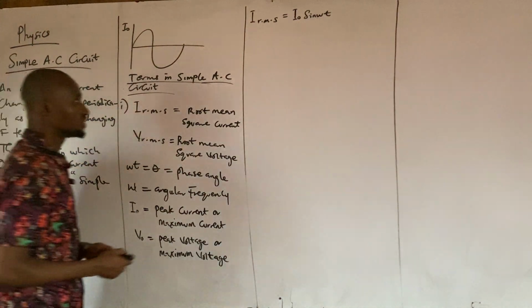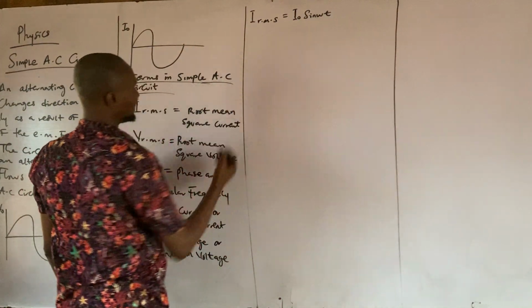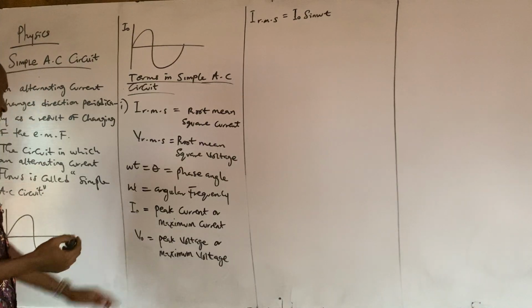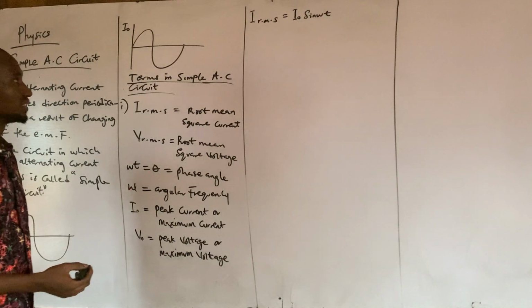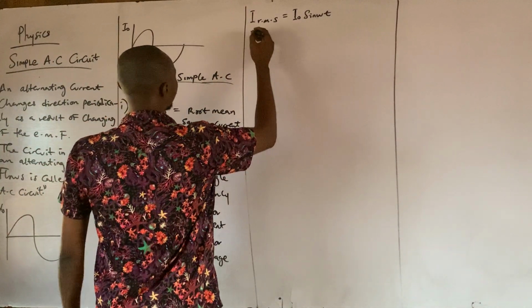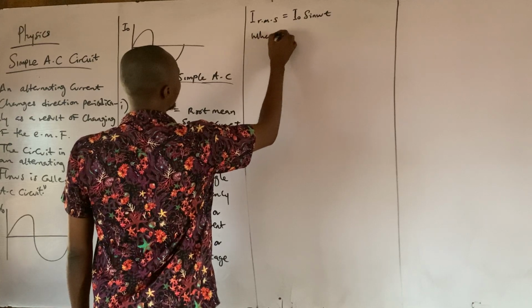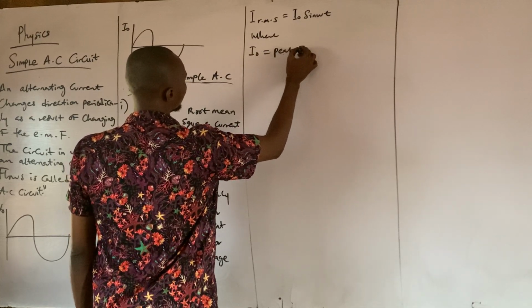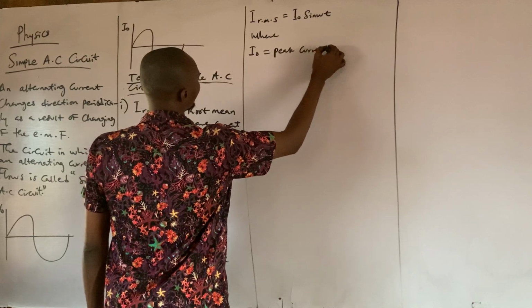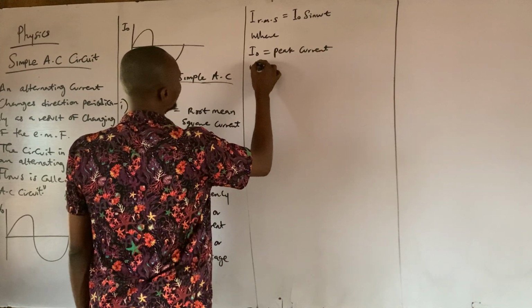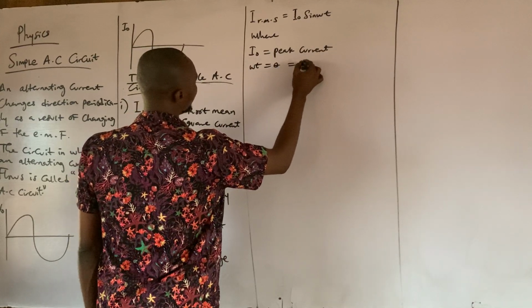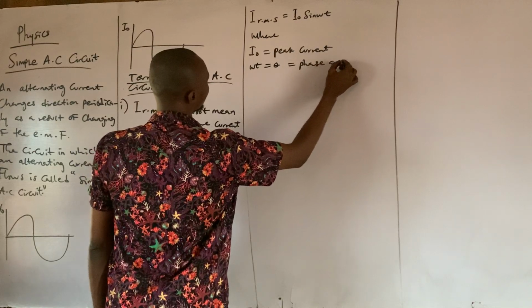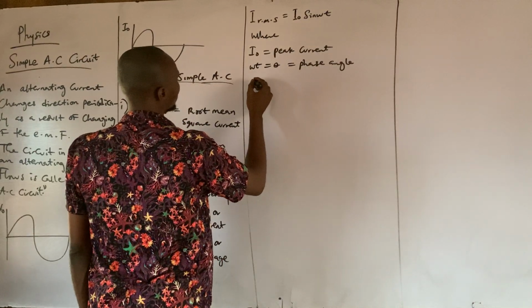Now, I think I've listed these things here already. Let me still continue. Where IO is equal to peak current, WT is equal to theta, which is equal to phase angle.